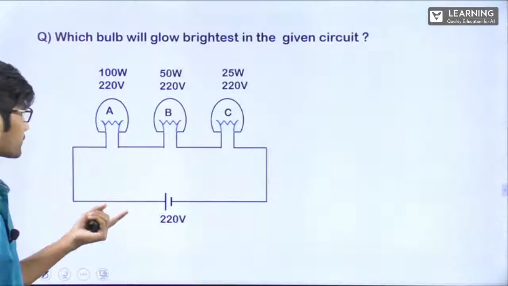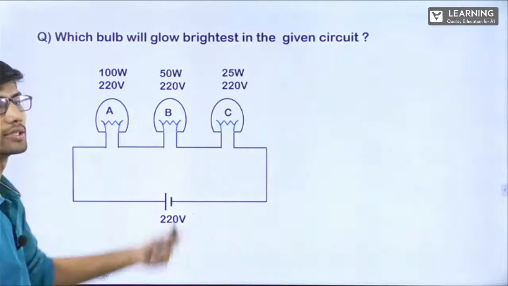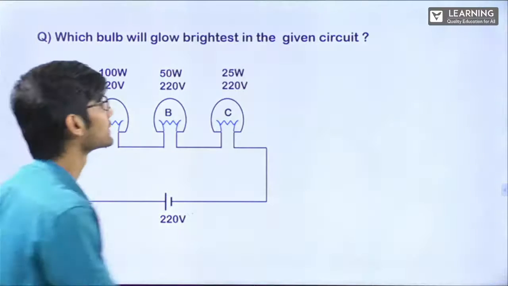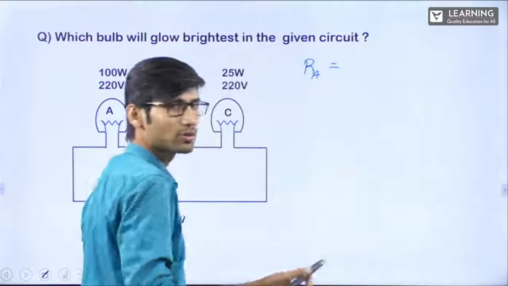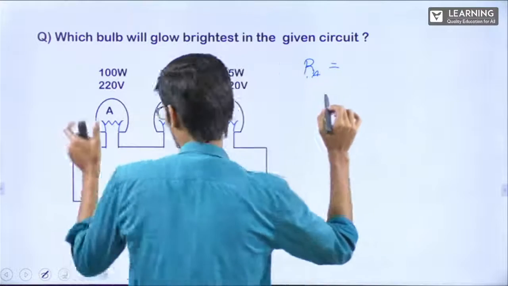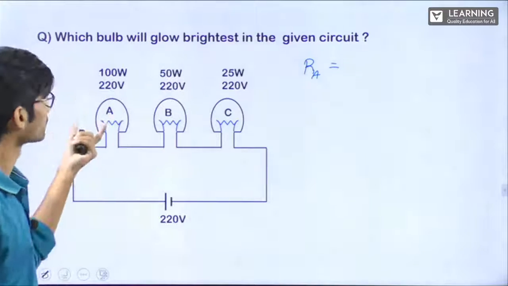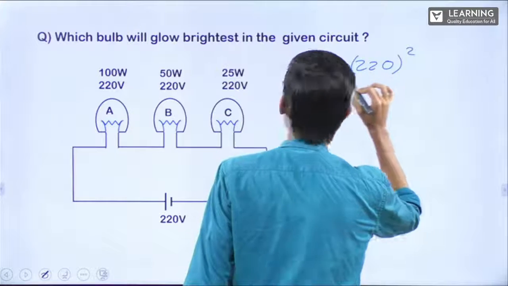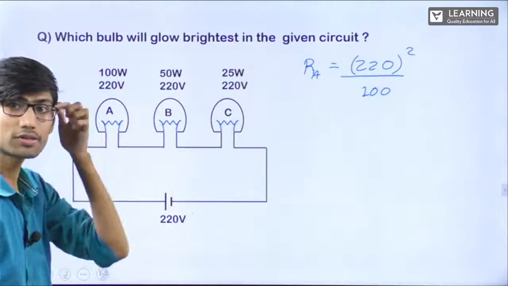Let's see. There is no need to find potential drop. I told you, whenever you get this kind of question, power rating is given, the first thing you have to do is find the resistance. RA is how much? V square by P. So that is 220 whole square by 100. Resistance is constant, right?